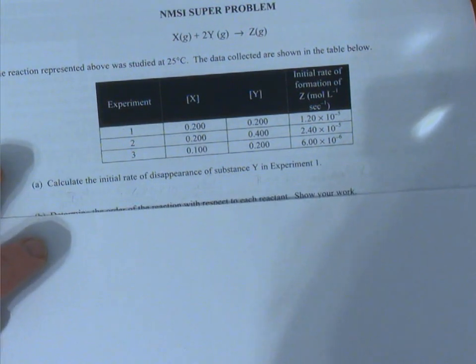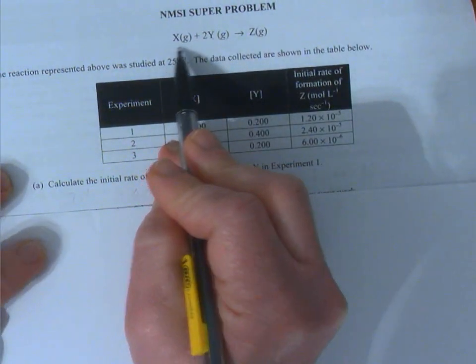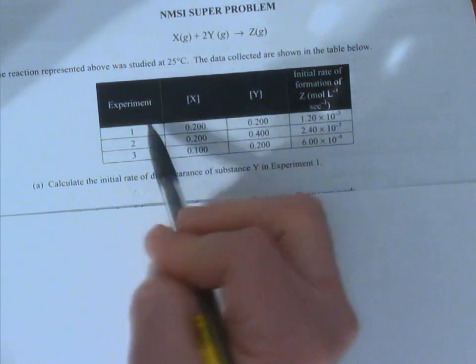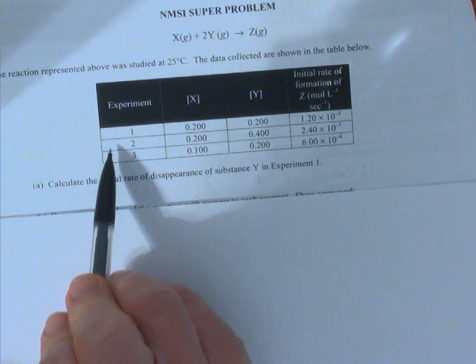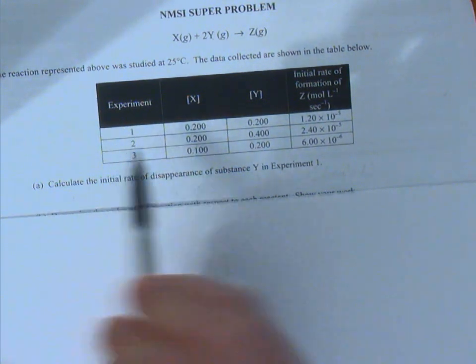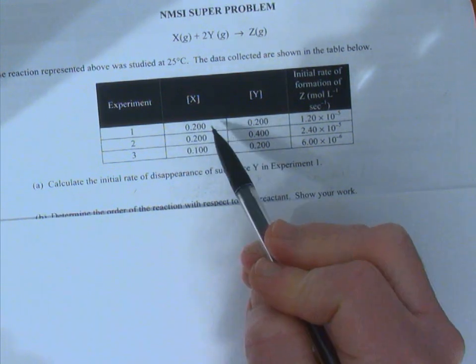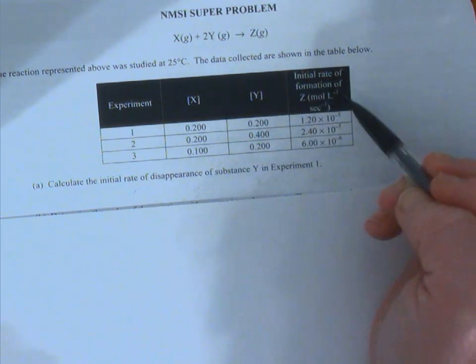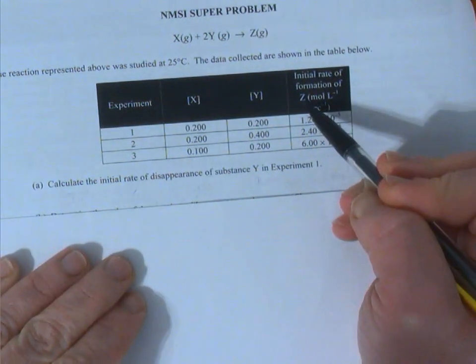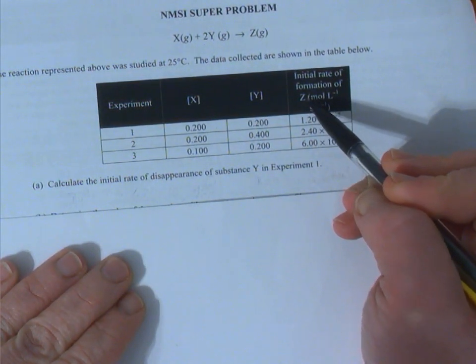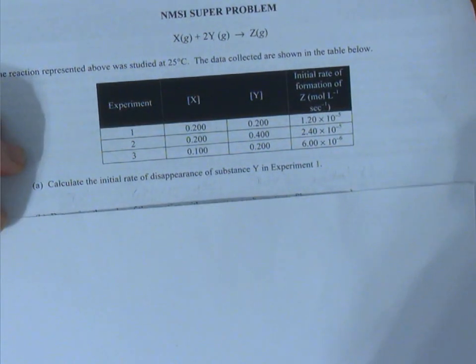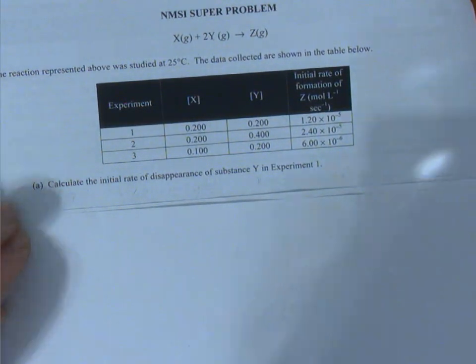So we're doing this reaction, generically X plus 2Y yielding Z at room temperature. All right, we are doing different experimental runs, varying the concentration of X and Y, and then we are initially measuring the rate in terms of change of concentration of Z with second as our unit of time. All right, let's dig in.